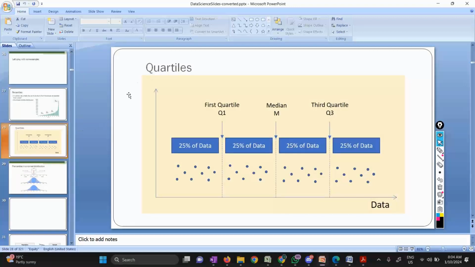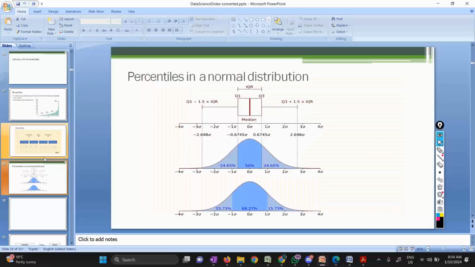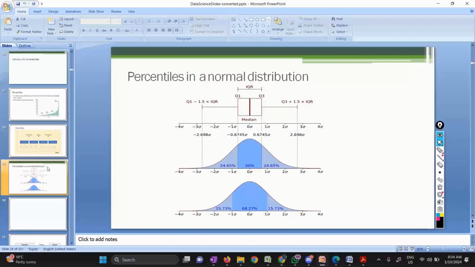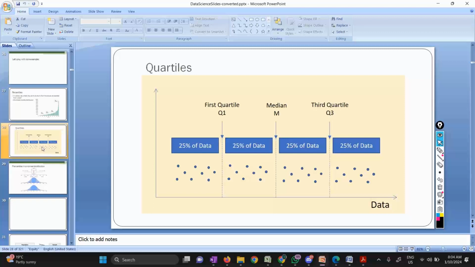Right. The quartiles and the percentiles in this one is fine. This is a different way of looking at it. This whole thing is a deeper insight into the data itself.